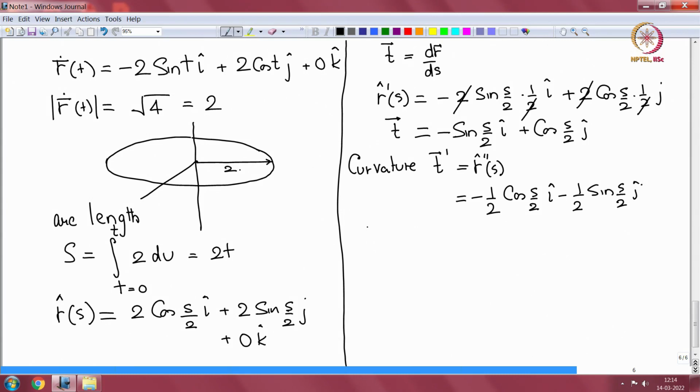And what is the magnitude of this? It is equal to half, the magnitude of the curvature vector. And the inverse of this gives you the radius, which is 2.